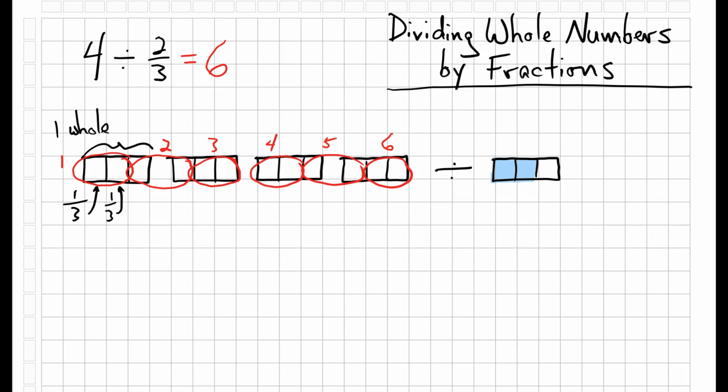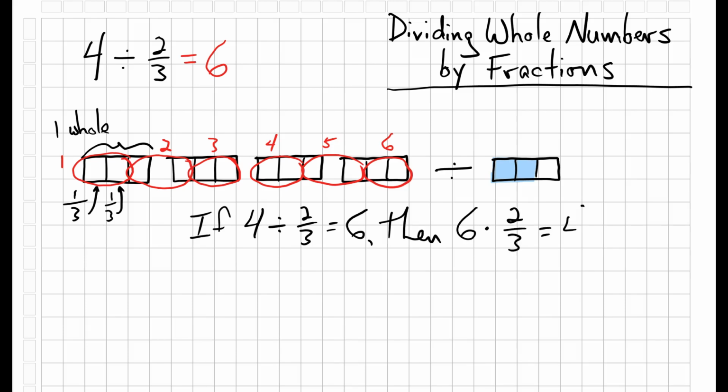And if I want to check my answer, remember that if 4 divided by 2/3 equals 6, then 6 times 2/3 must be equal to 4. Well, let's try it and see if it is.